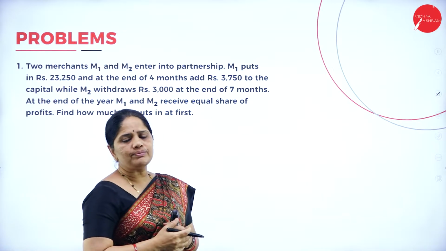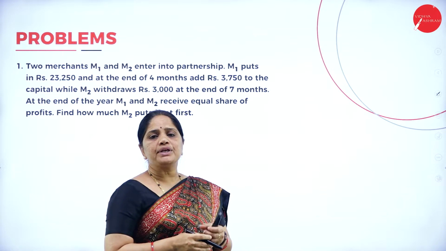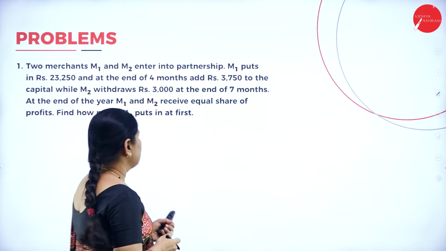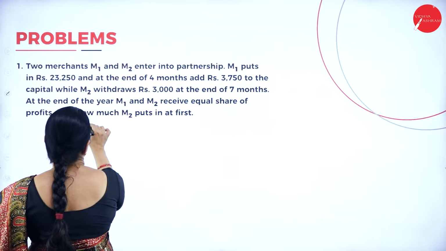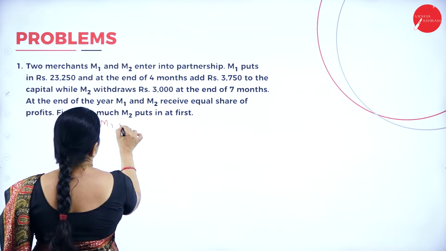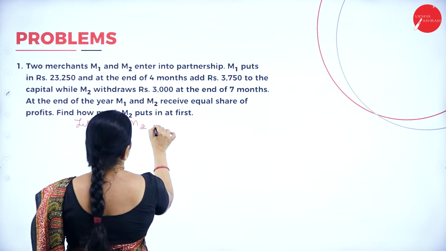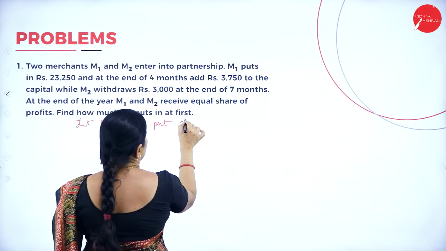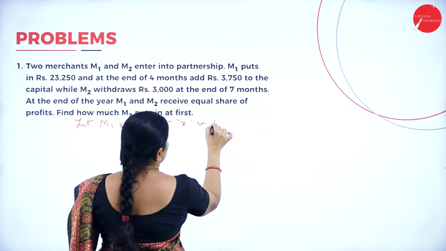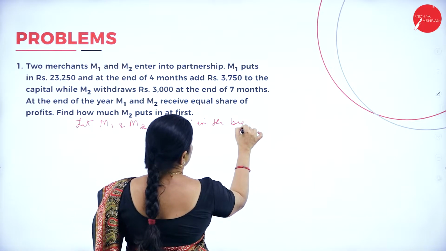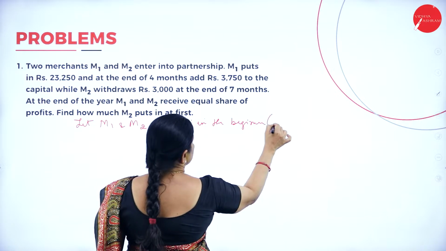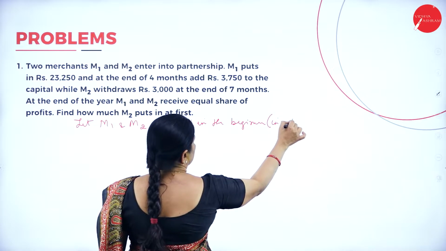We will assume that M1 and M2 put in rupees X in the beginning. That is their investment.